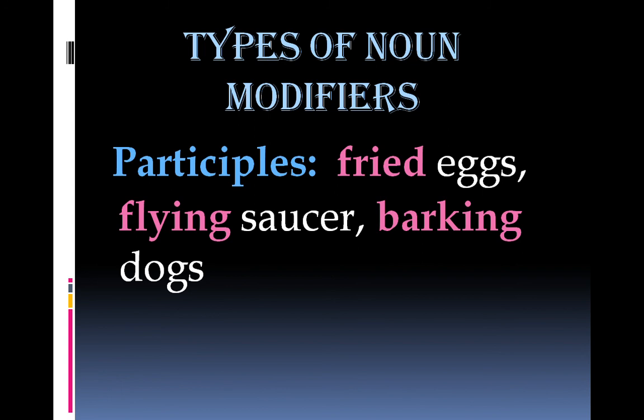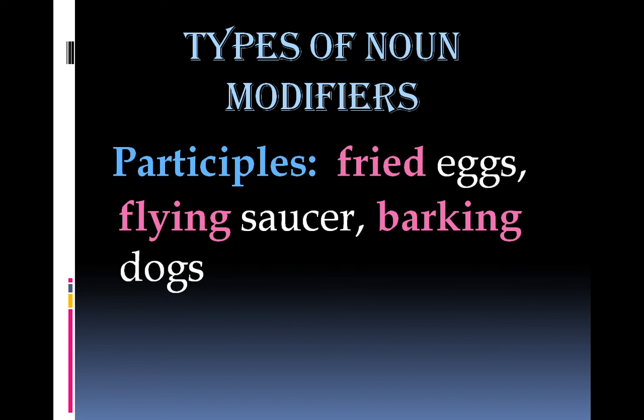Fried is the past participle form of verb fry, yet in this phrase, nobody is frying anything. It has not been used as a verb in this phrase. It has been used with a noun, eggs, and it's showing a quality of the noun eggs. So, as a qualifying word, it has become a noun modifier, and here we'll call it participle or participle adjective.